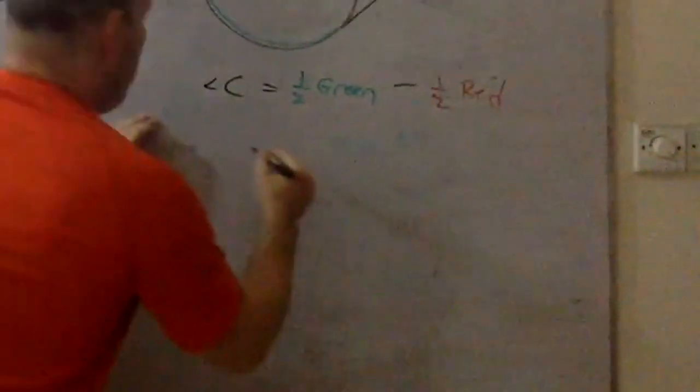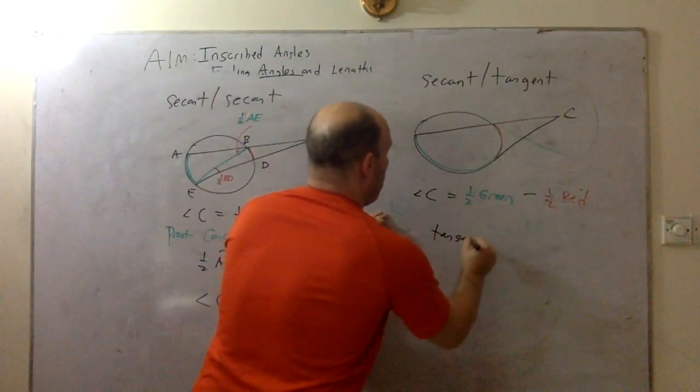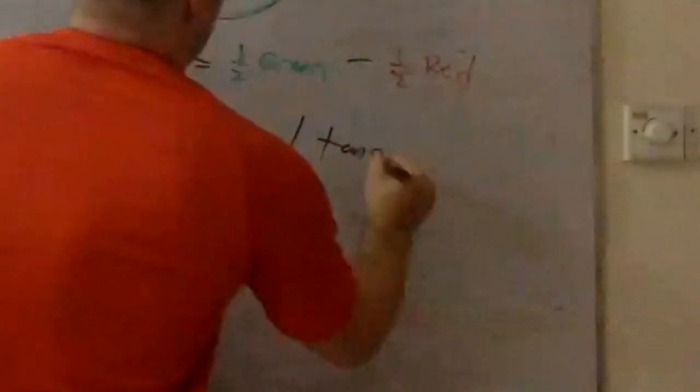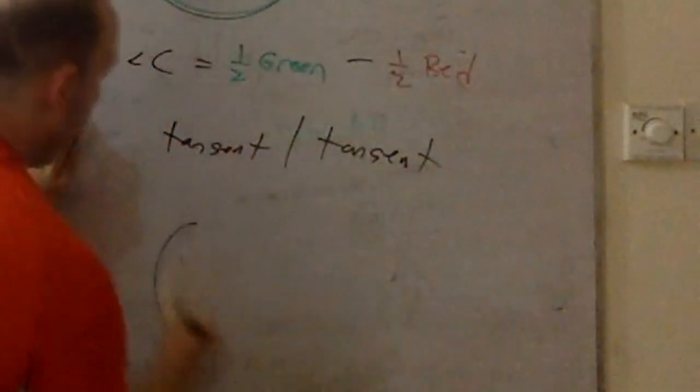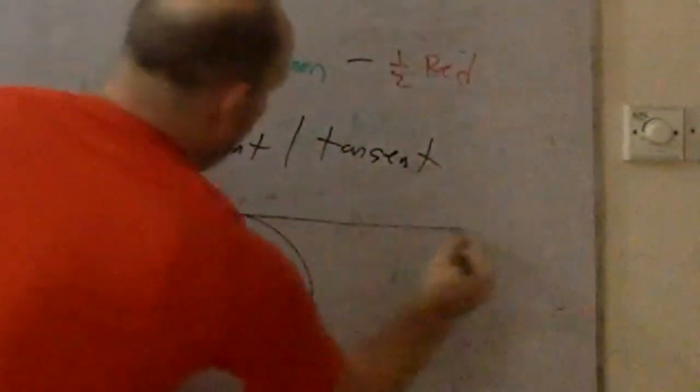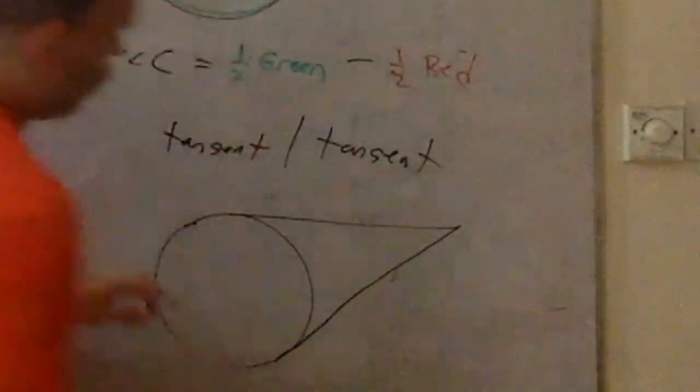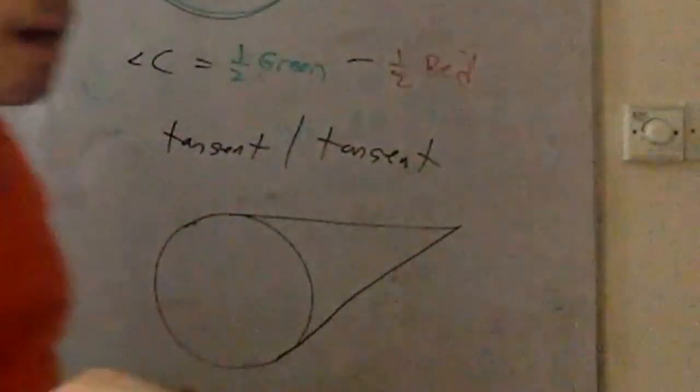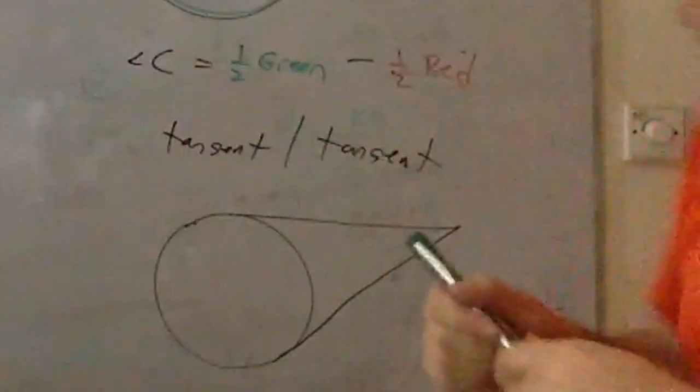I don't even write out the other one. Same idea. If you have tangent, tangent, so if you have a circle here, it turns out it's the same formula.